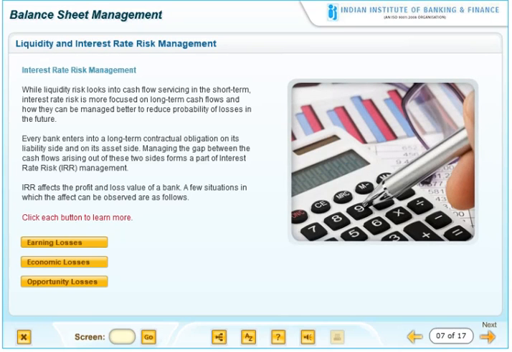While liquidity risk looks into cash flow servicing in the short term, interest rate risk is more focused on long-term cash flows and how they can be managed better to reduce probability of losses in the future. Every bank enters into a long-term contractual obligation on its liability side and on its asset side.